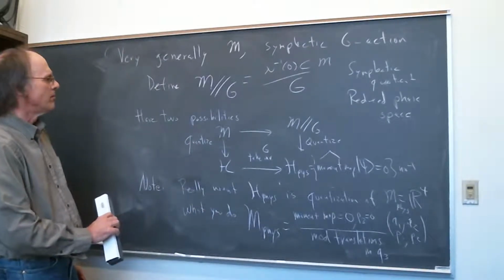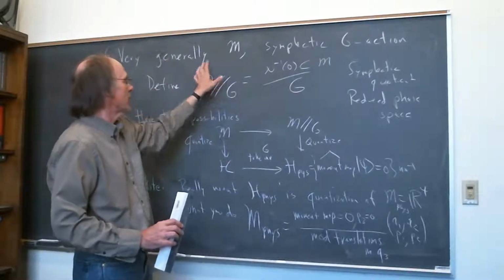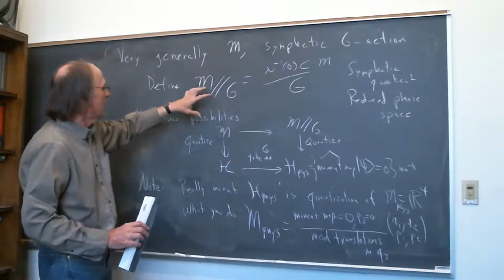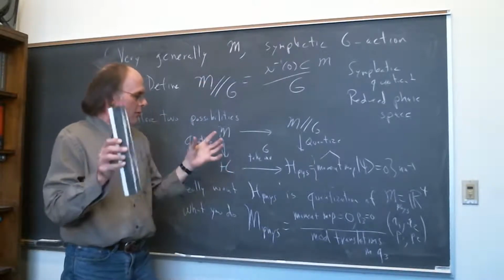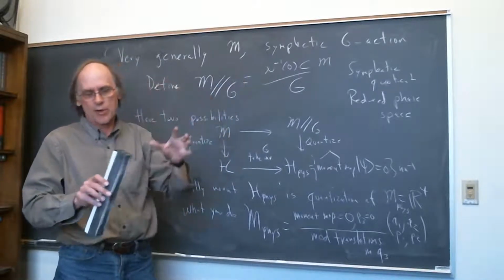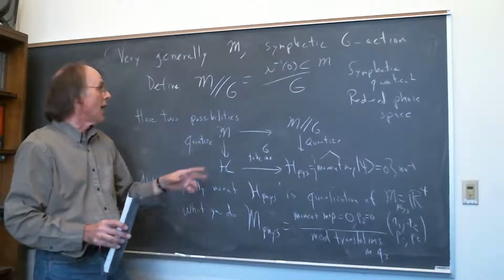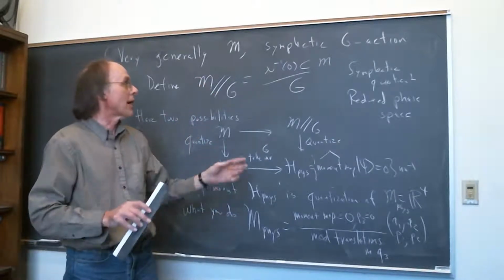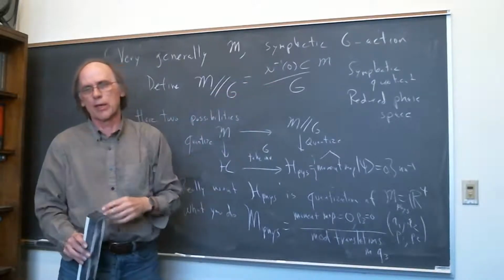But the other thing about this is that this notion of taking the quotient is also an interesting notion in symplectic geometry for mathematicians. If you have an analog of a phase space, what you call a symplectic manifold, and you have a Lie group acting on it, you can do this and create a new symplectic manifold.